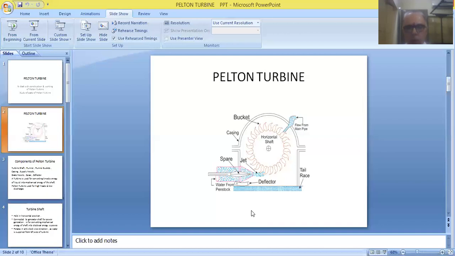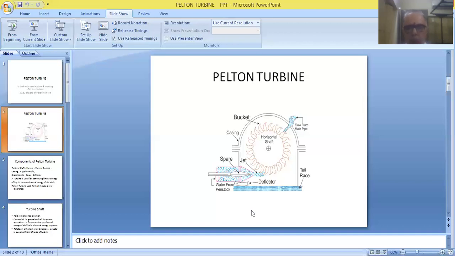So when water strikes the blades of the runner, the entire assembly will begin to rotate in a given direction. That means in this figure, water is supplied from the left-hand side of the turbine. So the runner will have a tendency to rotate in anti-clockwise direction.